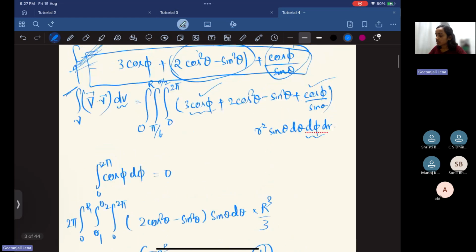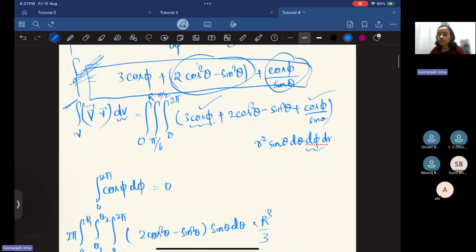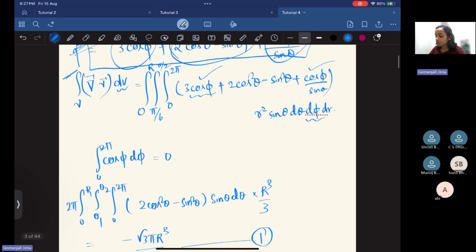So what I have done is calculate the divergence of V. Instead of calculating the whole integration, I checked whether any of the integrals gives zero. There is a cos phi term here, and the integration of cos phi from 0 to 2 pi gives a zero value. So whichever term has cos phi, we are not going to calculate, because it is already zero.